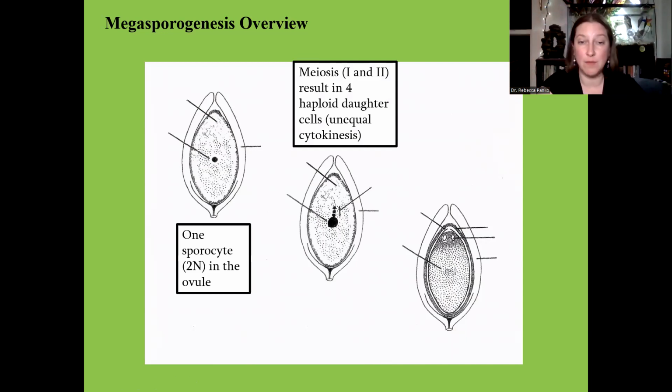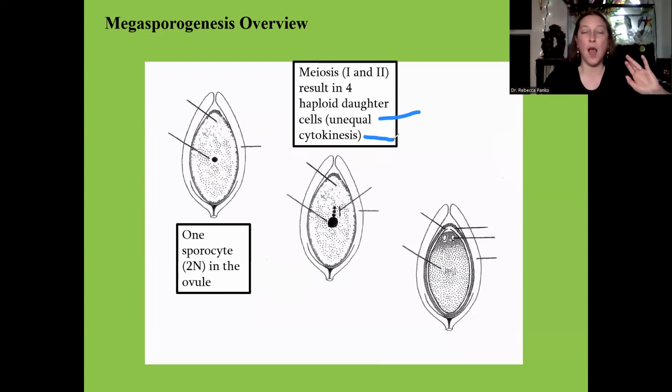Here they are in the middle. Four haploid daughter cells. Here are the 4 of them right there. Meiosis already happened. But you might notice that the one on the bottom is much bigger than the other 3 above it. And that's because of unequal cytokinesis.